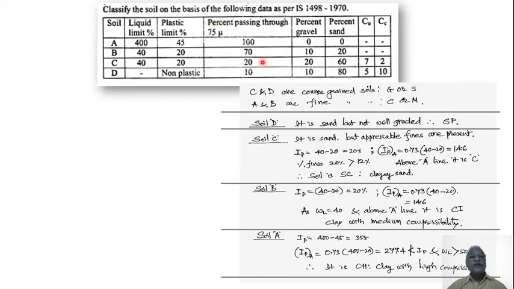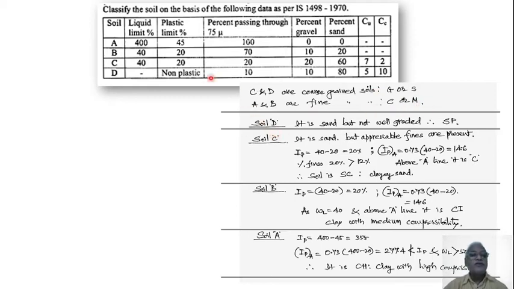So very clearly the soils C and D, both of them, are coarse grained soils, and the percentage passing through 75 microns is 100% or 70% in the other two cases. Obviously the soil will be fine grained soil. That's why I have written C and D are coarse grained soils, either G or S, and A and B are fine grained soils, either silt or clay.